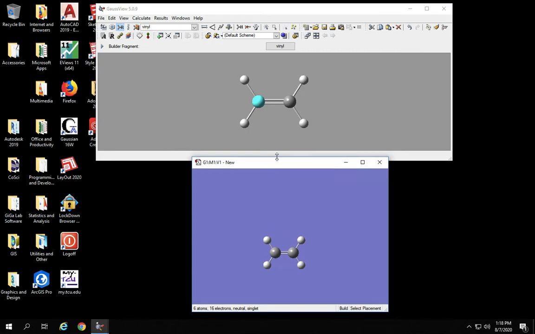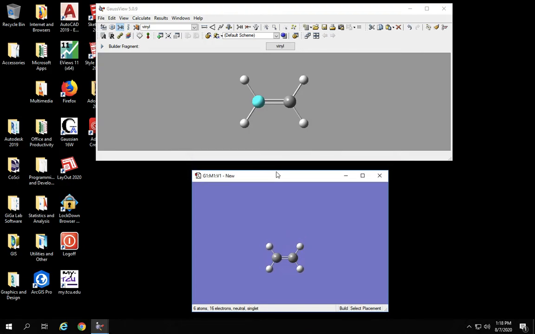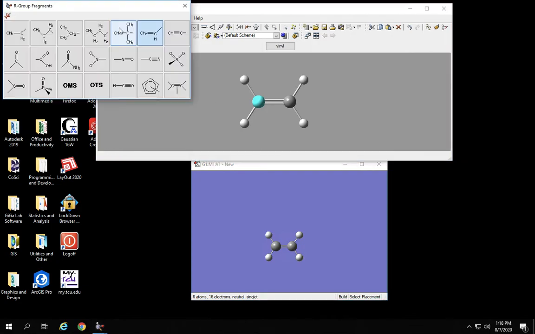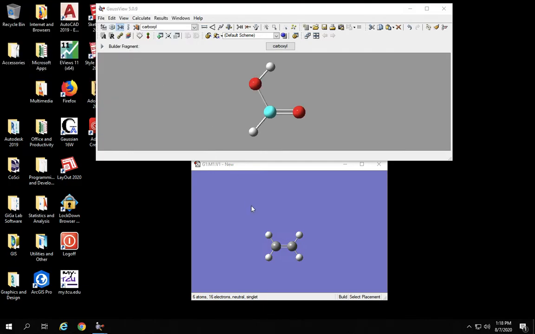Now the maleic acid and the fumaric acid that we're modeling are both dicarboxylic acids, so I'm going to go back up to the R group tool, click on the carboxylic acid functional group, and put 1, 2 on this molecule.